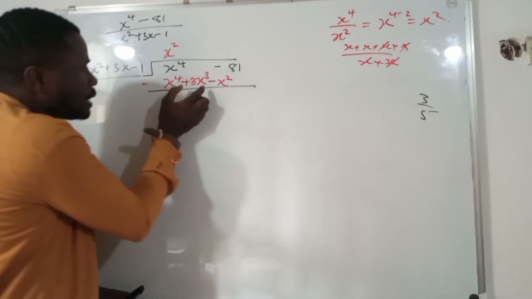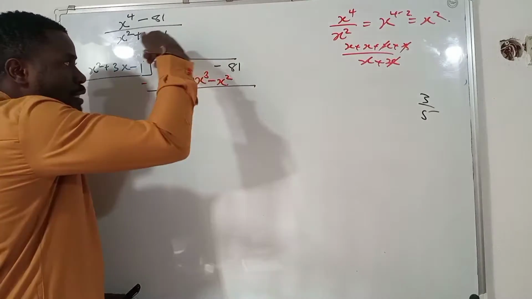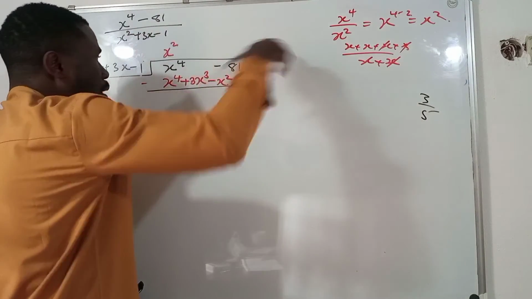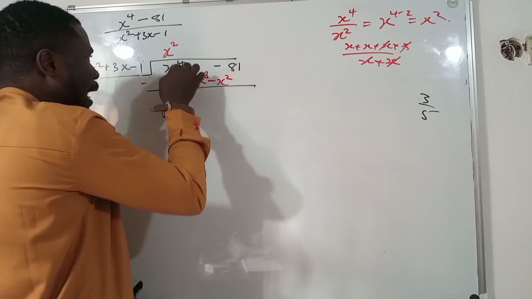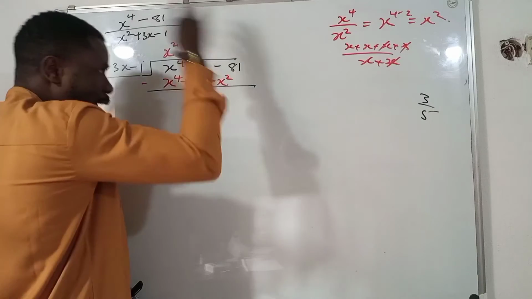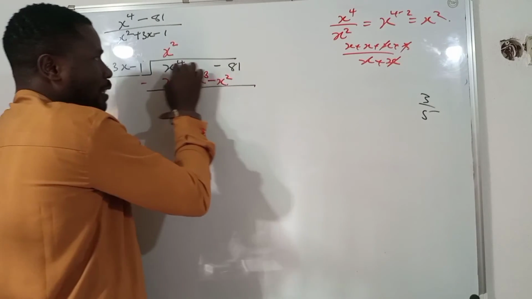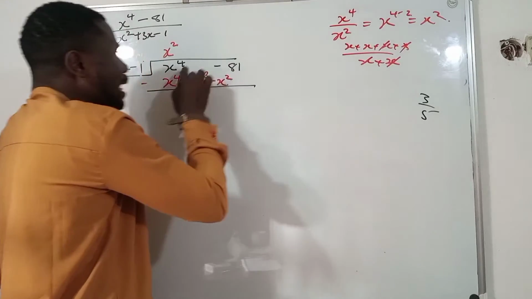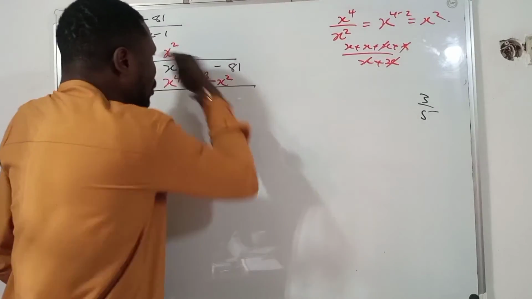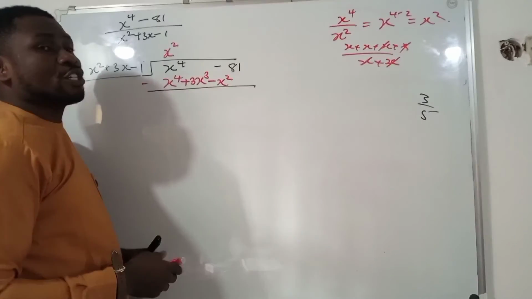Then you look at the next term here, which is x raised to power 3. If you look at these two lines here, I have used this one on this line to subtract this on this line. The next is supposed to be x raised to power 3, but there is no x raised to power 3 on this line. It means that the x raised to power 3 on this dividend has a coefficient of 0.